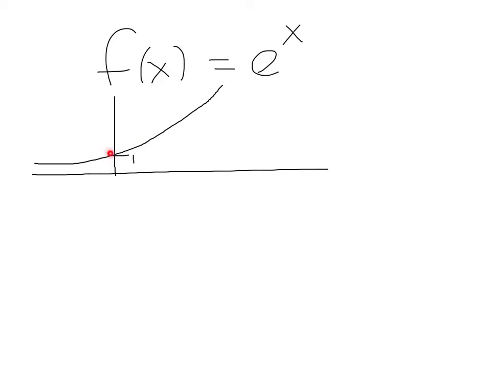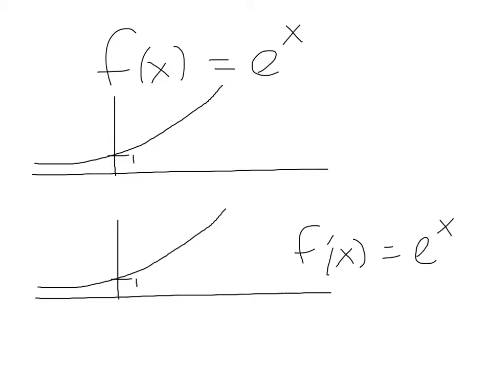Turns out, interestingly enough, right here, the slope of this graph is in fact 1. And if you graphed the slope of e to the x, it would look like this. This is the slope of e to the x, and it looks exactly like e to the x. I think this is the only time that happens ever, that a graph of the slope of e to the x looks exactly the same as e to the x.